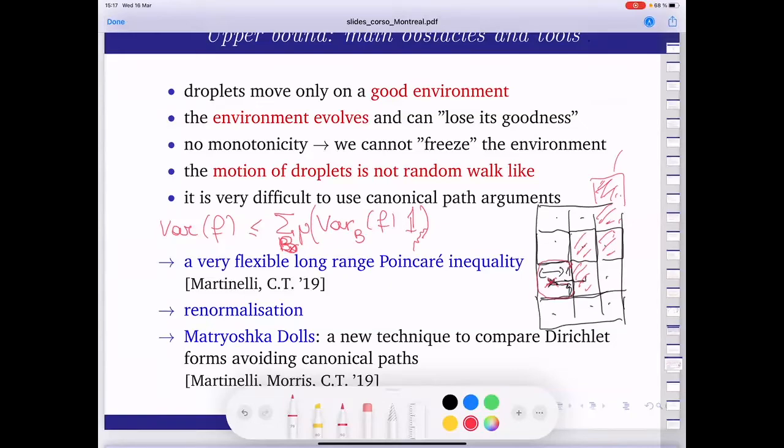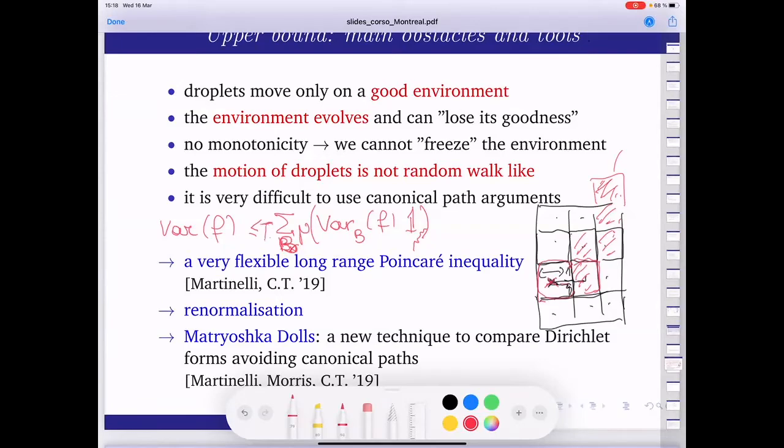Once I do that, and you can consider that as a separate analytic argument, one can prove that provided the length of the path is chosen sufficiently long and the size of the box is sufficiently large, so that the probability for each box to be good, to allow the droplet to go in, is sufficiently large, then this dynamics simply has a finite relaxation time.